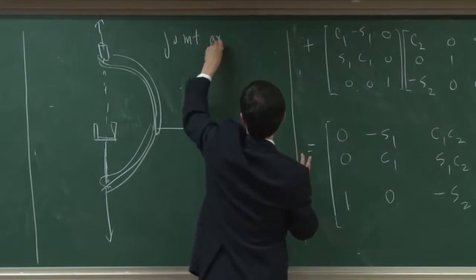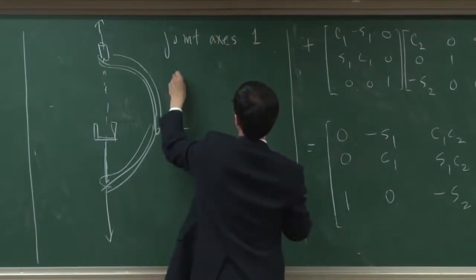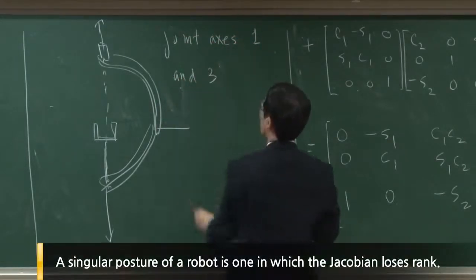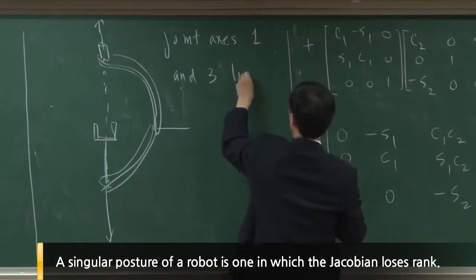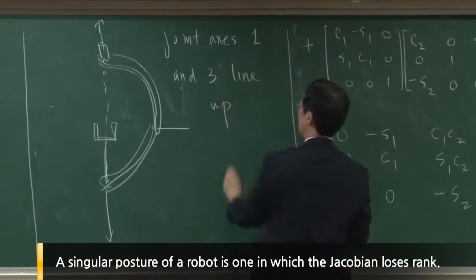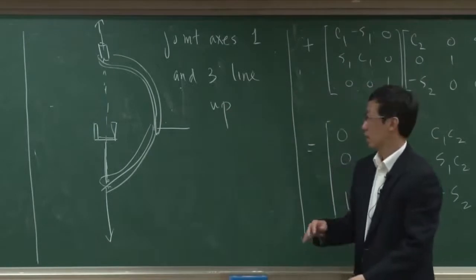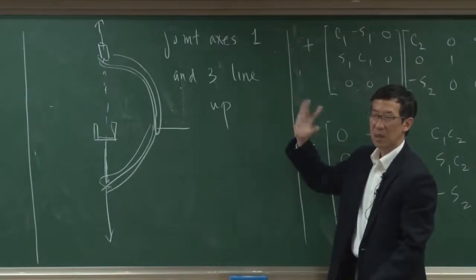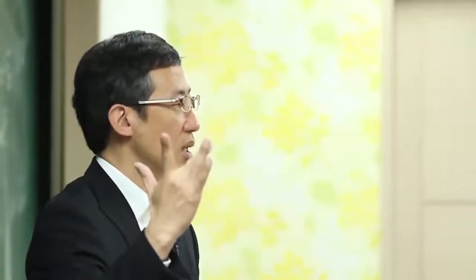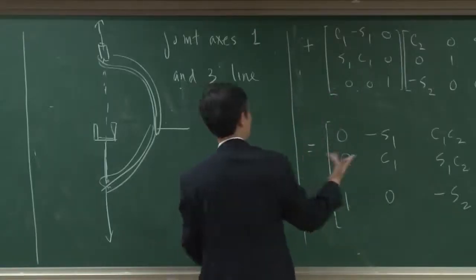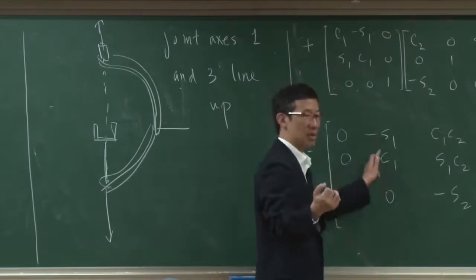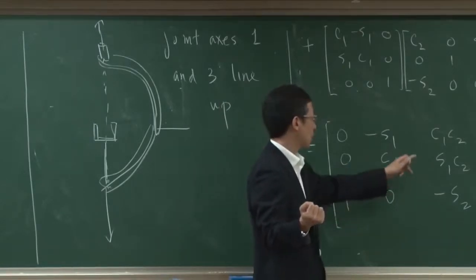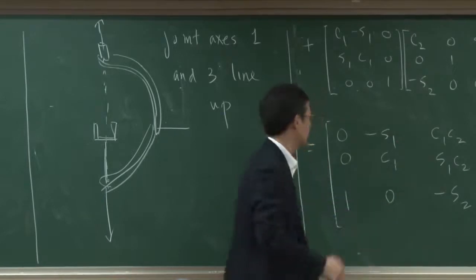Joint axes 1 and 3 line up. So in this configuration, we cannot generate an angular velocity in a certain direction. What direction is that? Well, it tells us right here. Put in theta 2 equals 0. You'll see what happens.